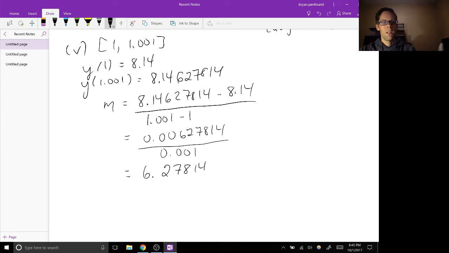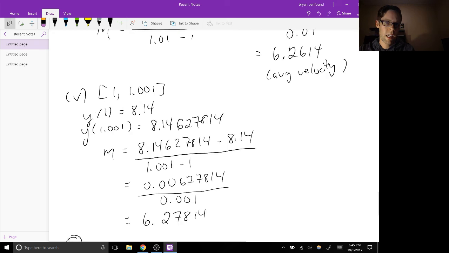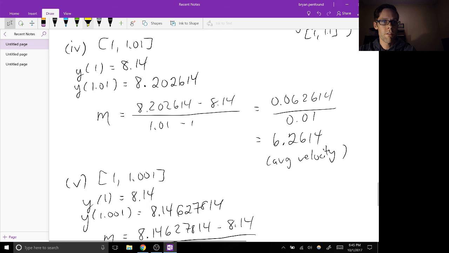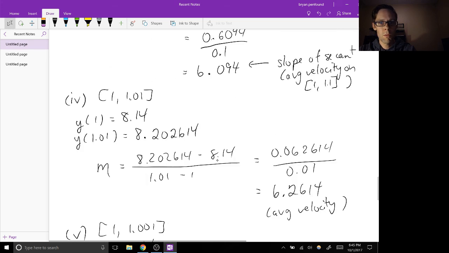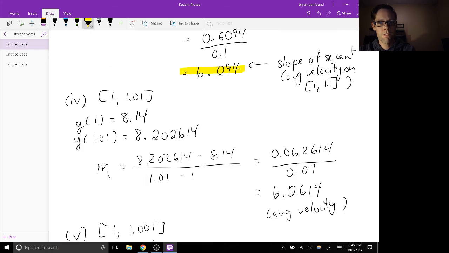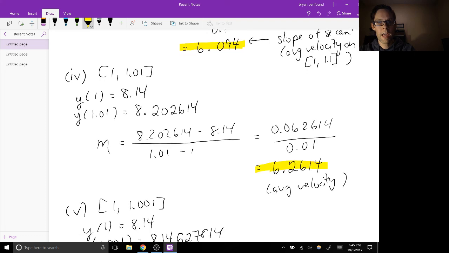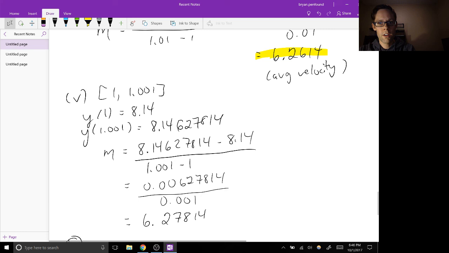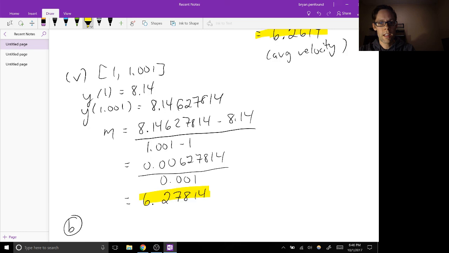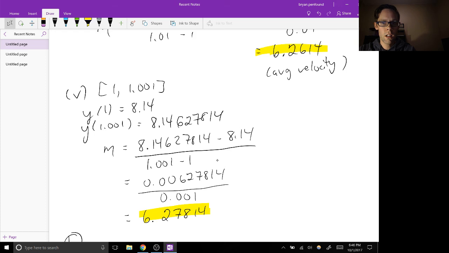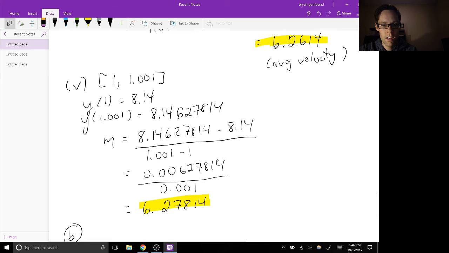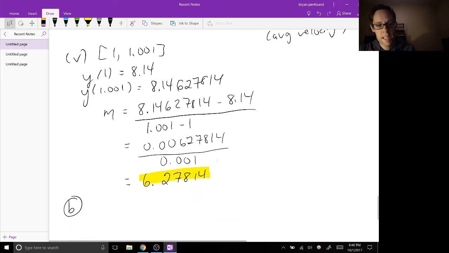Now maybe we can start to make some guesses as to where these values are going. Here's our first secant slope, here's our second, and here is our third. It does look like they're getting closer and closer to about 6.27, maybe even 6.28.